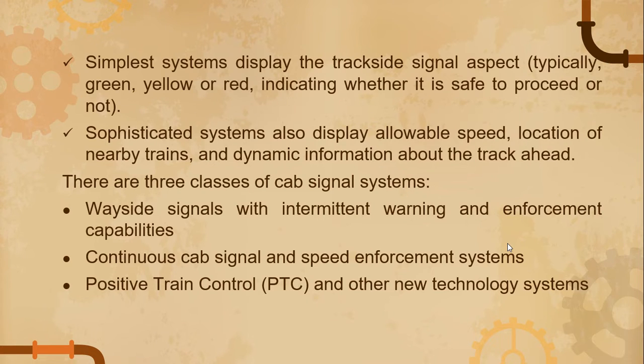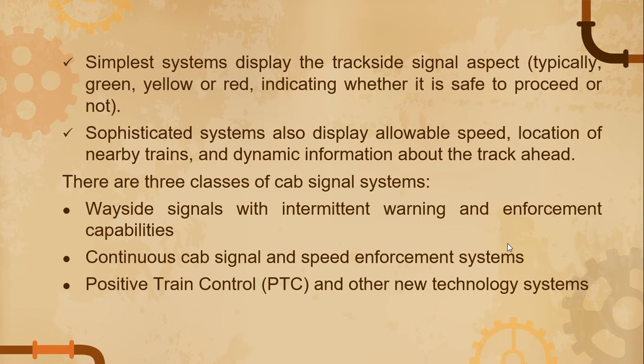They are the simplest systems that display the trackside signal aspect, typically green, yellow, or red, indicating whether it is safe to proceed or not. So, parang sa normal roads lang natin, traffic lights na nag-i-indicate kung pwede na ba tayong huminto, pwede na ba tayong dumiretso o mag-slow down.